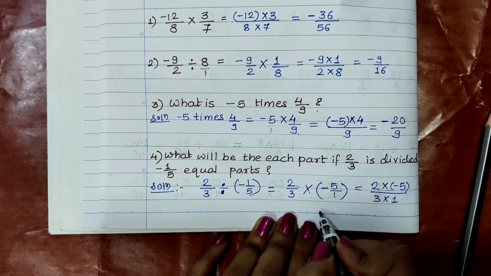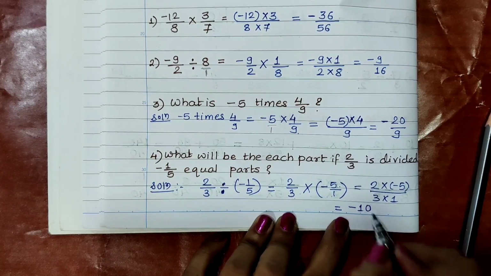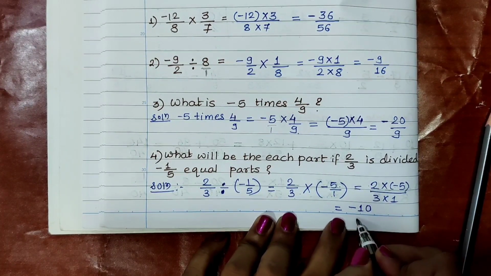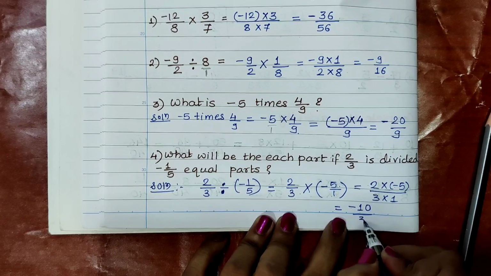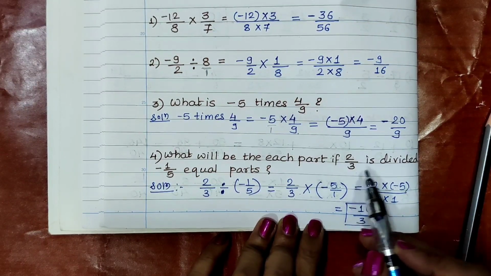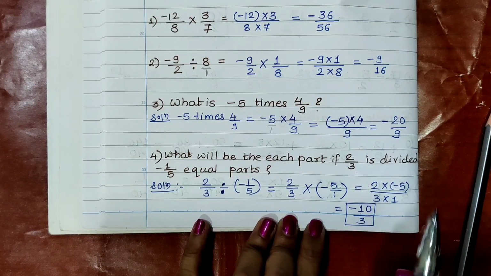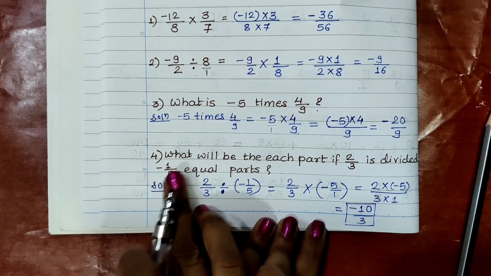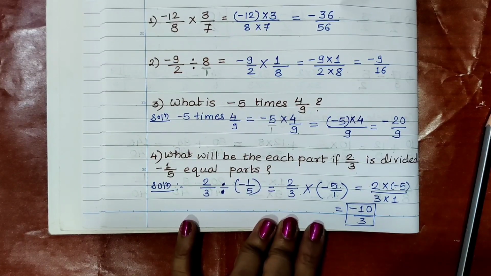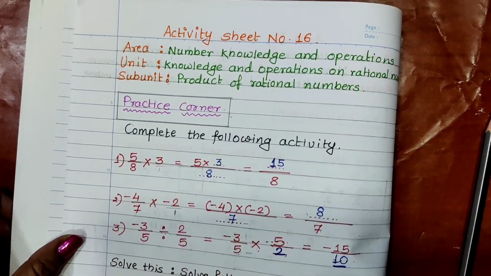What will be the answer? 2 into minus 5 is minus 10. 2 fives are 10, and plus minus sign will be minus. 3 ones are 3. So the answer is minus 10 upon 3. So 2 upon 3 is divided into minus 1 upon 5 equal parts to make minus 10 upon 3. In this way, you can complete this activity sheet number 16.